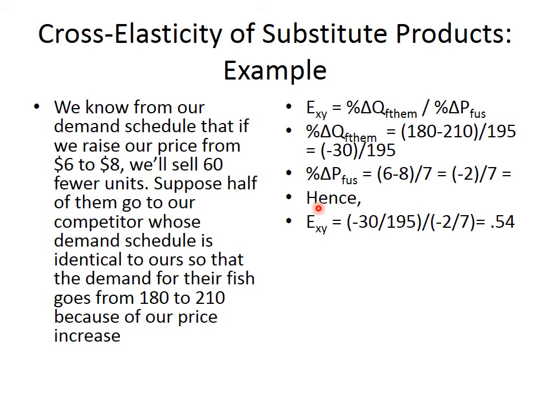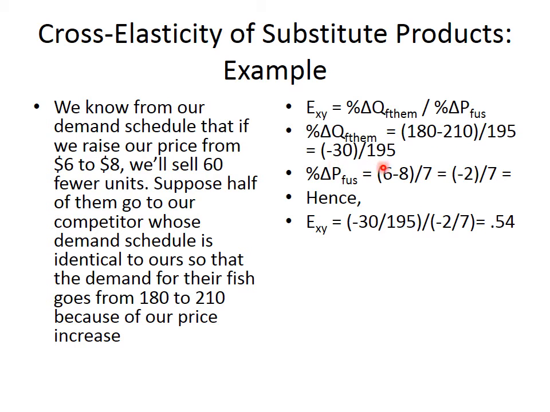Well, now we just figure out the cross elasticity. And again, it's going to be a substitute product. Again, we use the midpoint. But now let's notice, here's the quantity demanded of fish for them, the enemy, the opponent, the competitor: 180 minus 210. They go up in numbers, so this will be a negative number.